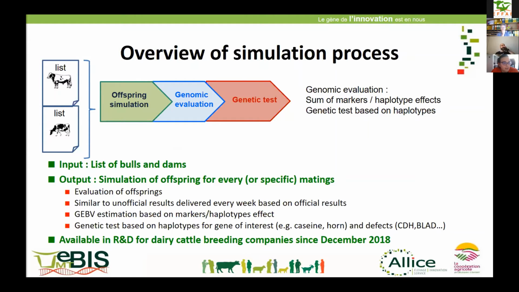Then we just reran a genomic evaluation, very similar to what we do routinely on real genotypes. Once you have the genotypes simulated for offspring, you just evaluate them, so you can have results on GEBV and also on genetic tests.